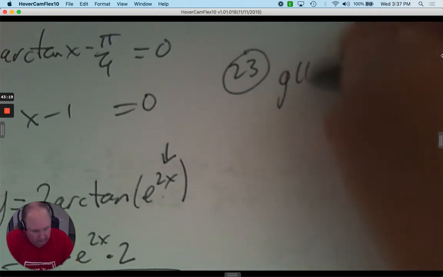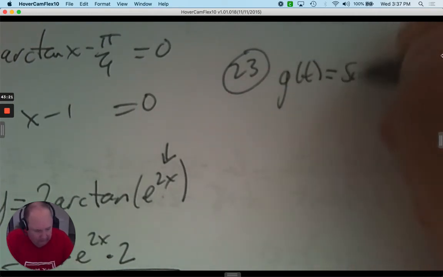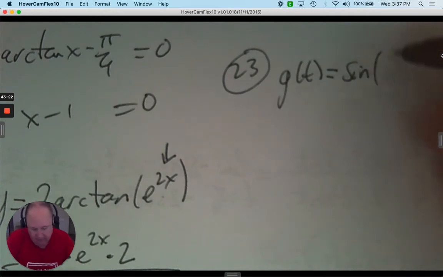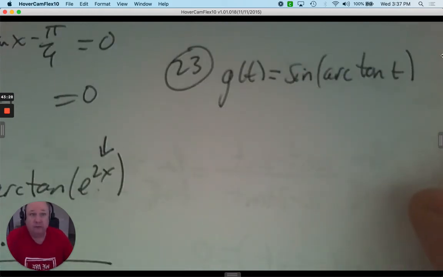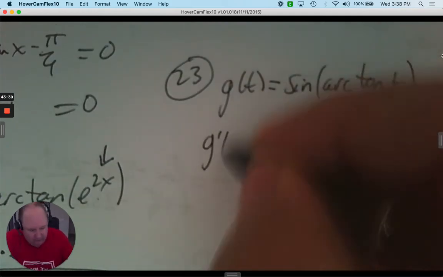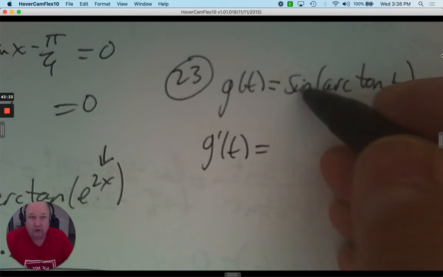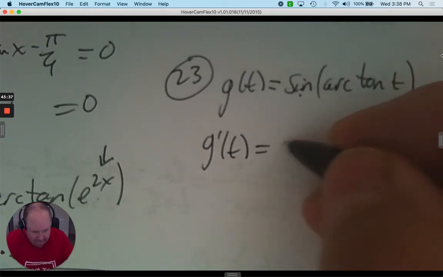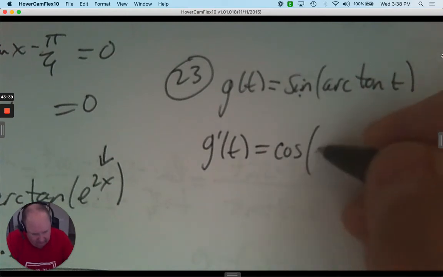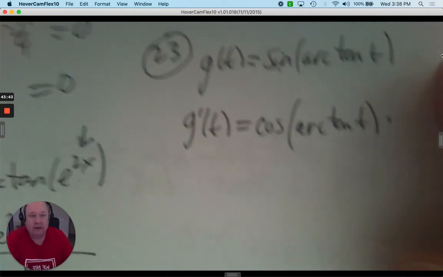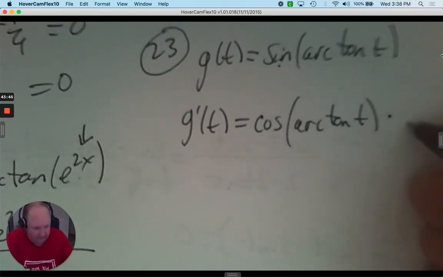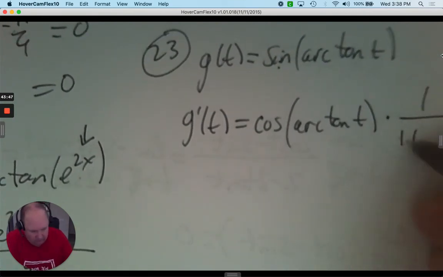So g of t equals sine arctangent t. What's the derivative of that? So this is the chain rule. So the derivative of the outside, so the derivative of sine is cosine, times the derivative of the inside, which is 1 over 1 plus t squared.